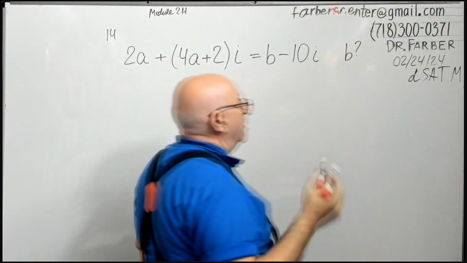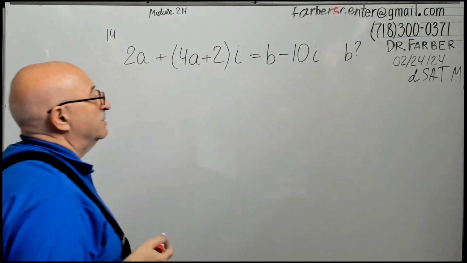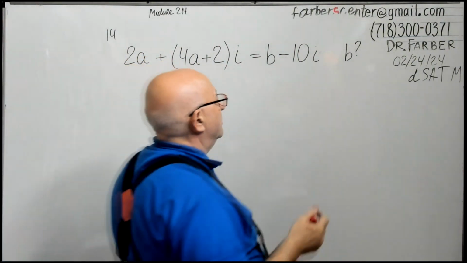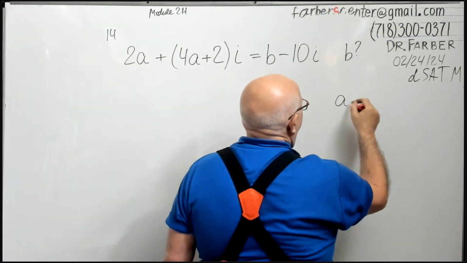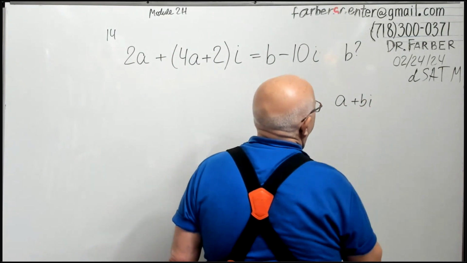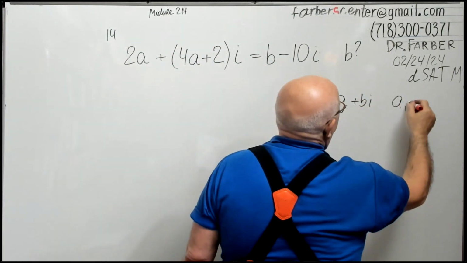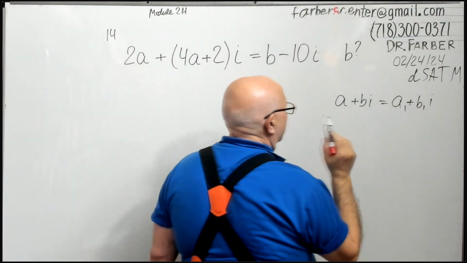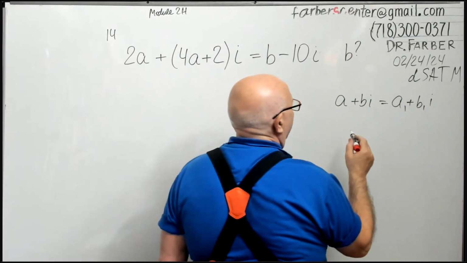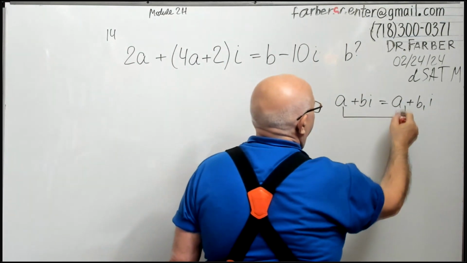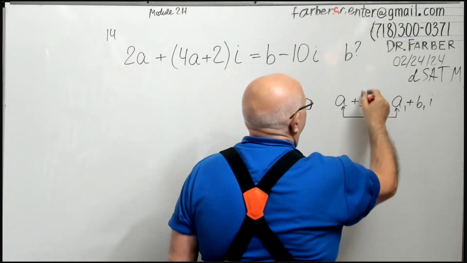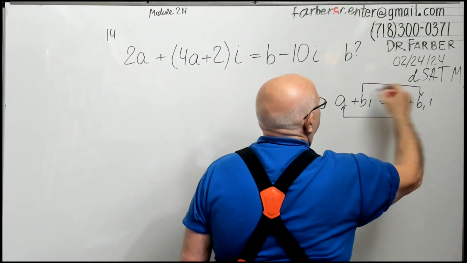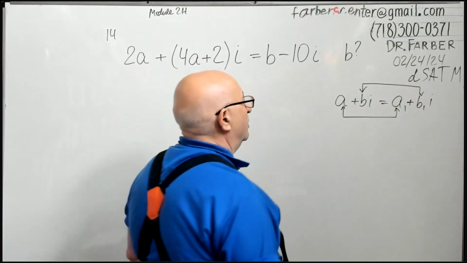I just remind you how we compare complex numbers. For instance, we have complex number a plus bi, another a1 plus b1i. Complex numbers are equal when their real parts and imaginary parts are equal.